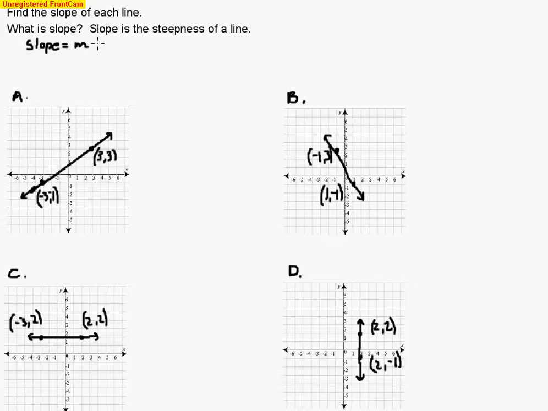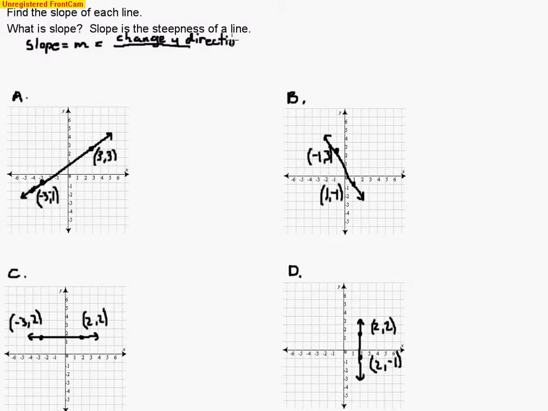Let's talk a little bit more about what slope is. When we think of steepness, we're concerned more with how high we have to go. So if I think of this fraction bar, and the slope is a fraction, we are going to have to find the change in y direction. And we always think of that first when we think of climbing a mountain.